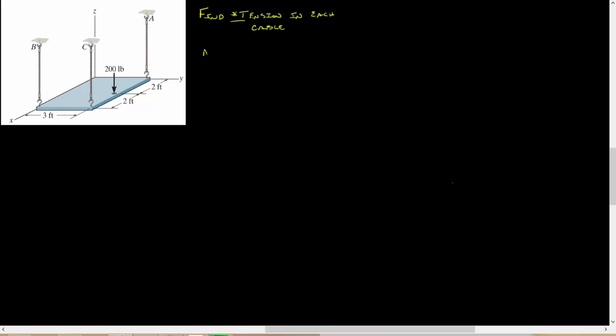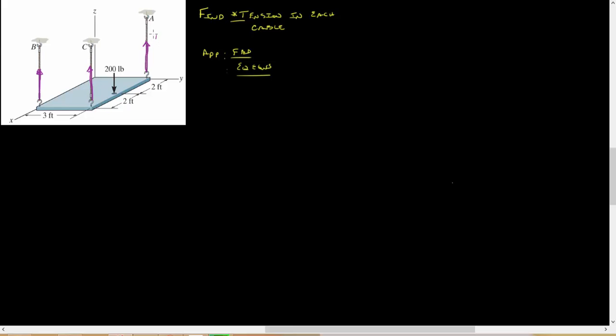Okay, so my approach is a free body diagram, and then to use my equilibrium equations to solve. I am going to cheat because it's really hard for me to write on this tablet. So if I were to draw my free body diagram, I would just incorporate these forces here and leave everything else the same.